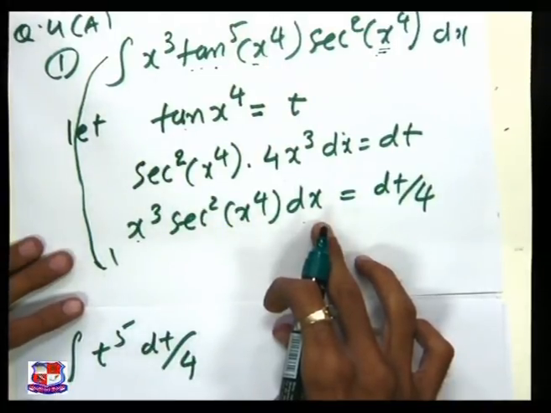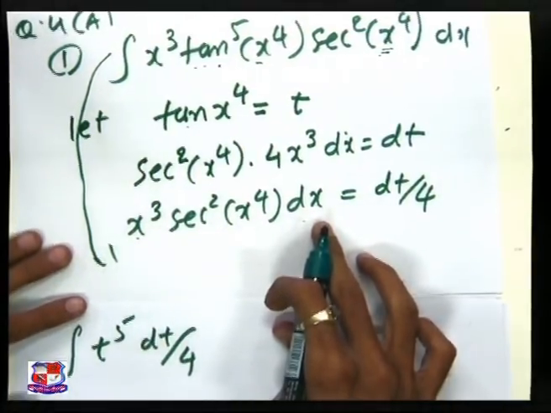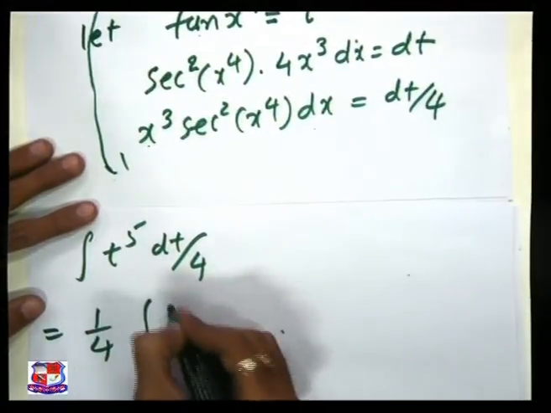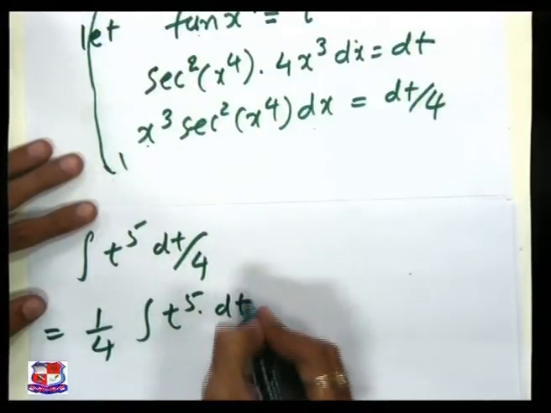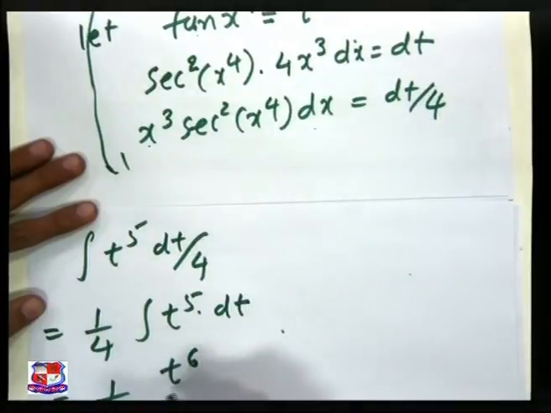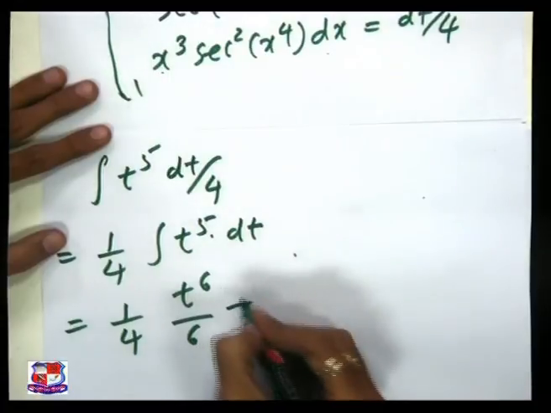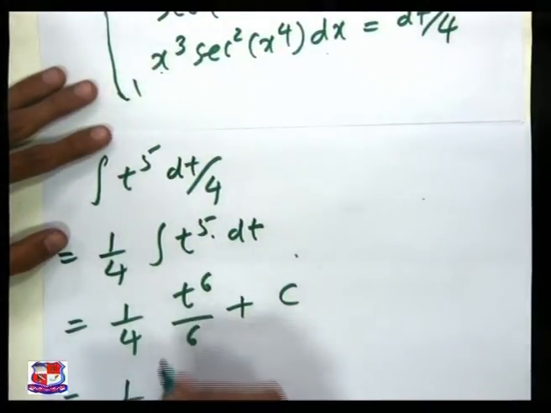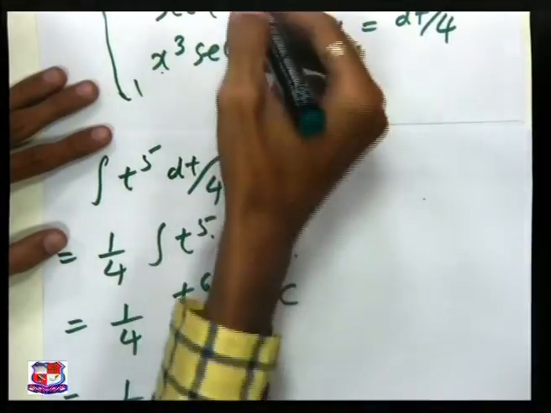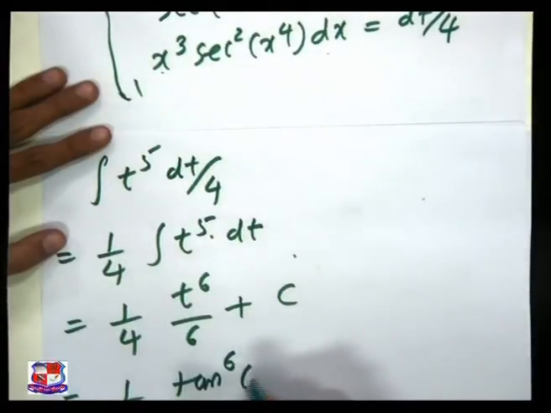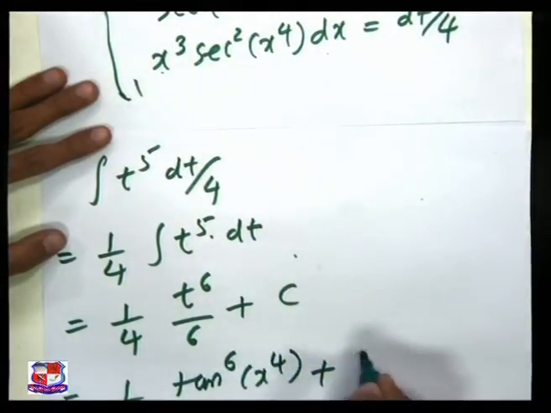So this is equal to 1 by 4 t raised to 5 into dt, that is equal to 1 by 4 t raised to 6 upon 6 plus c, and again I will replace t with 10 x raised to 4, so this is equal to 10 raised to 6 x raised to 4 plus c.